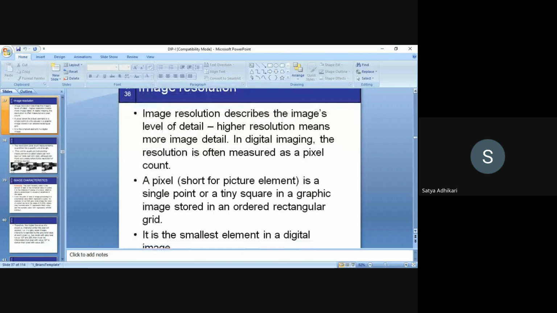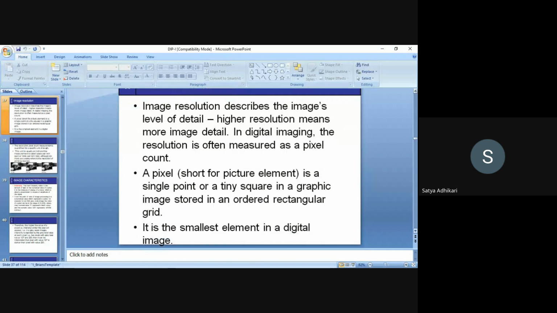It is the smallest element in a digital image and cannot be divided further. Like a point is the smallest element in geometry, and a line consists of some points, similarly an image consists of these small elements known as pixels, picture elements.